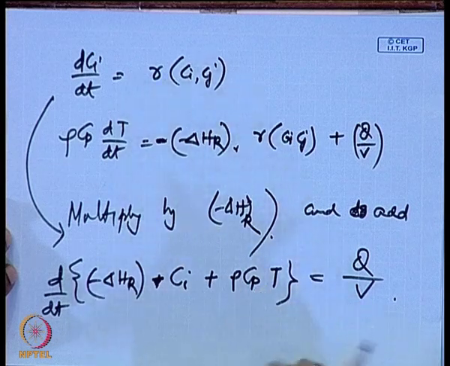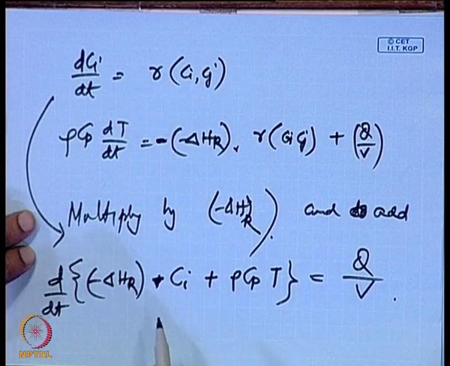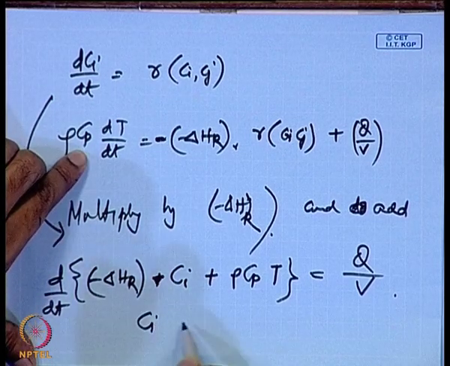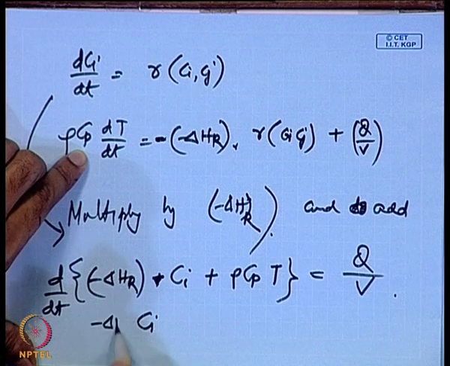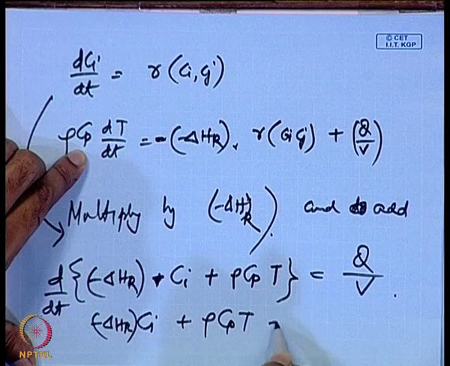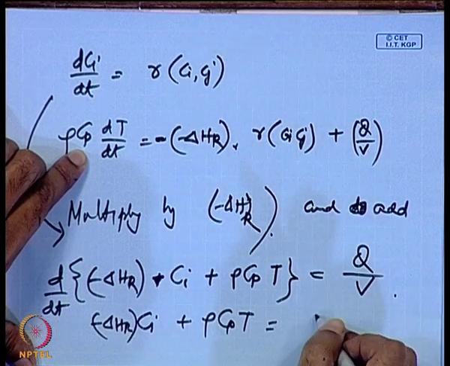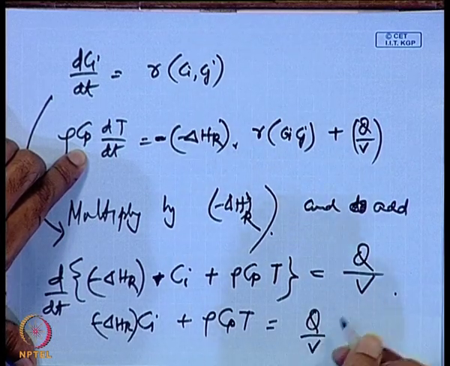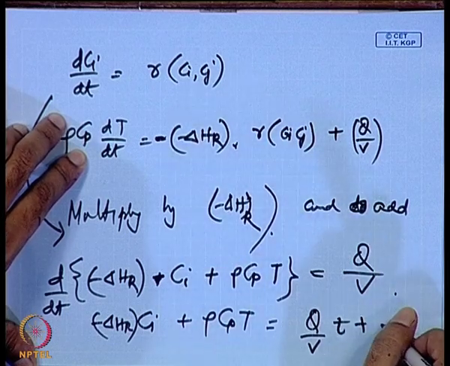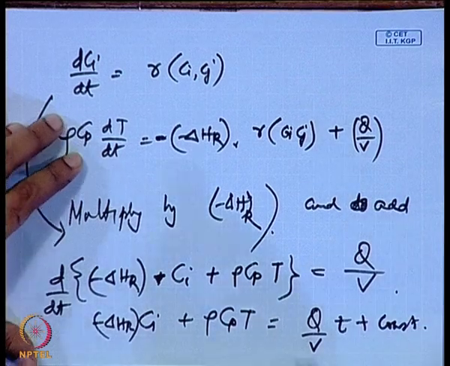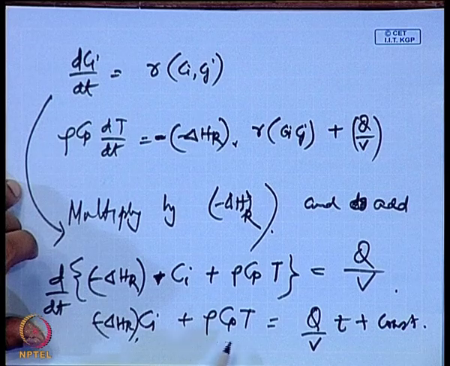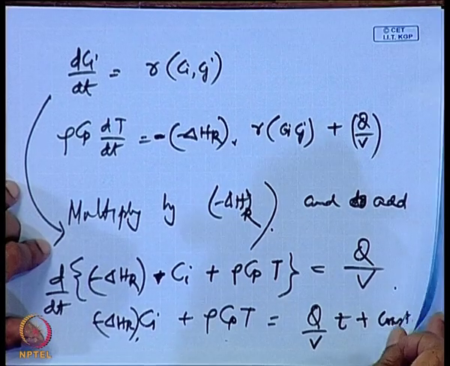So, you can integrate this straight away, and you will get a relationship: minus delta Hr Ci plus rho Cp T equals Q over V times t plus a constant. You know what your concentration and temperature were at time equals 0, so you can evaluate the constant.